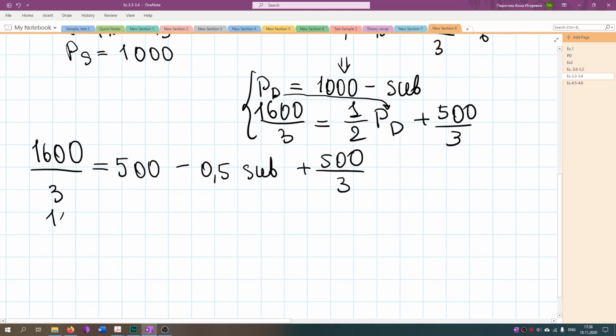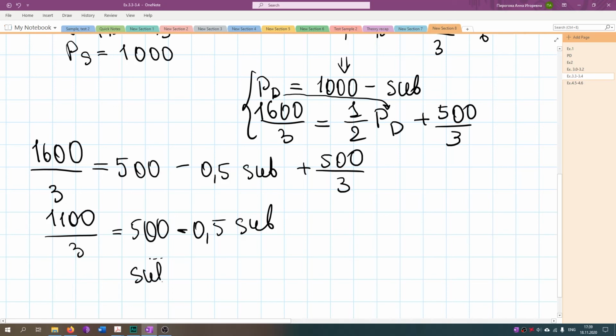So now we simplify it even more and get something like this. So after computations, we will receive that subsidy is equal to 266.67.